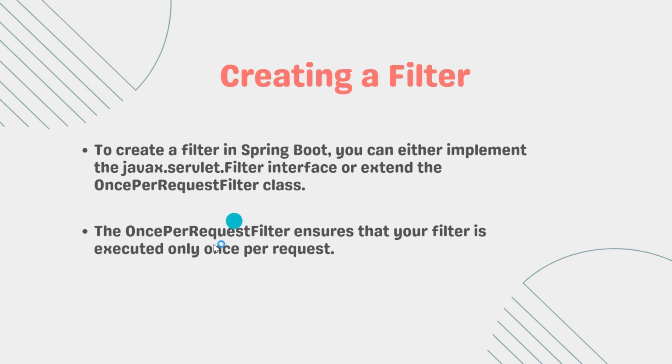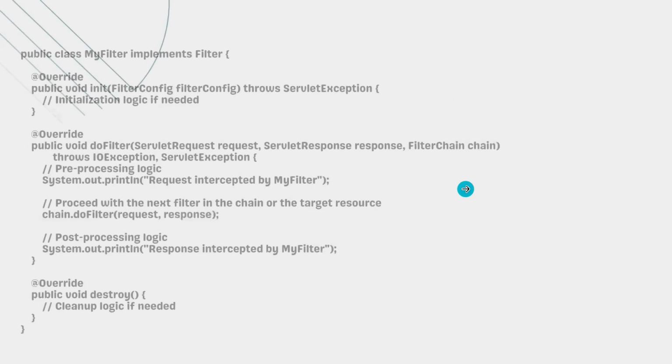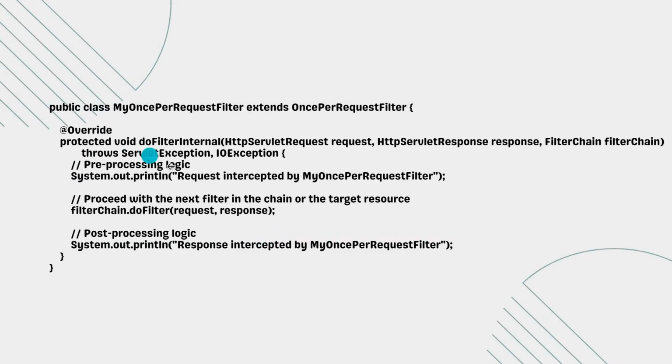Either you can use the Filter interface or the OncePerRequestFilter class. Whatever logic we put inside the OncePerRequestFilter class is executed only once per request. If you are extending OncePerRequestFilter, there is a method called doFilterInternal. We need to override this doFilterInternal and specify our own logic.